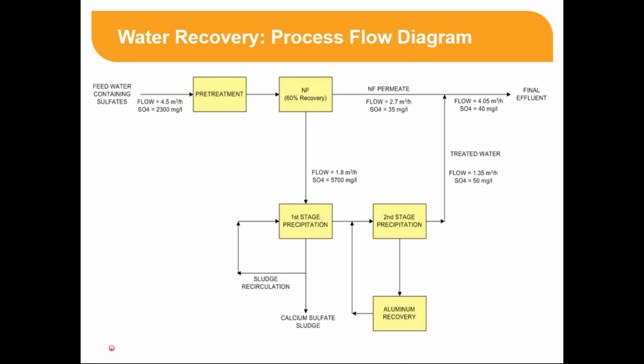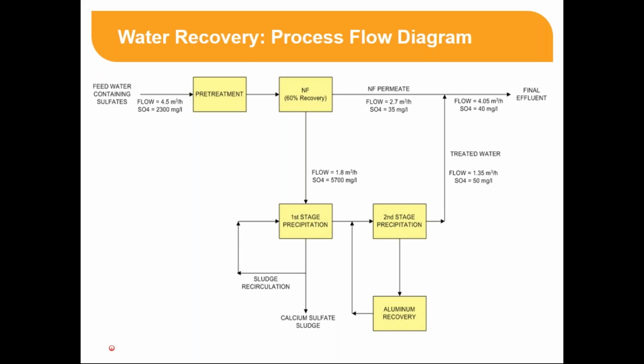So the overall pilot process flow diagram is: the feed water goes through a pre-treatment step, mainly iron removal, manganese removal and molybdenum removal, followed by multimedia filtration, green sand filtration, and then goes to NF. The recovery is around 50 to 60%, and the reject from NF went through a two-stage sulfate precipitation process.